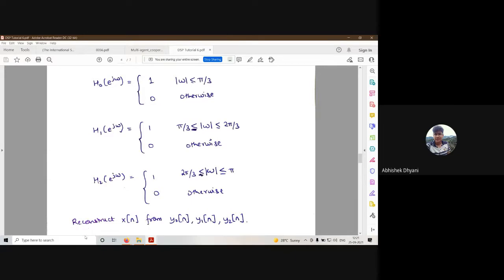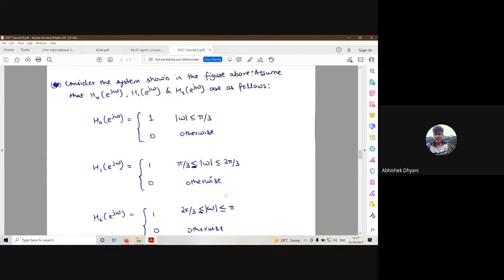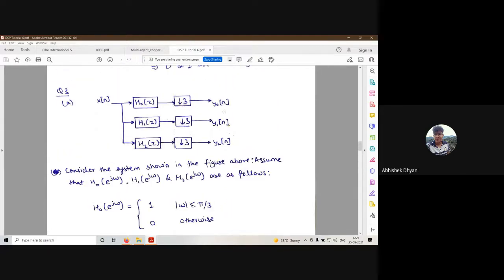And it is asked if we can reconstruct x of n from y0 n, y1 n, and y2 n. Looking at the diagram, these are the 3 signals y0, y1, and y2, and we are supposed to compute x of n back from these 3 subsequences, right?